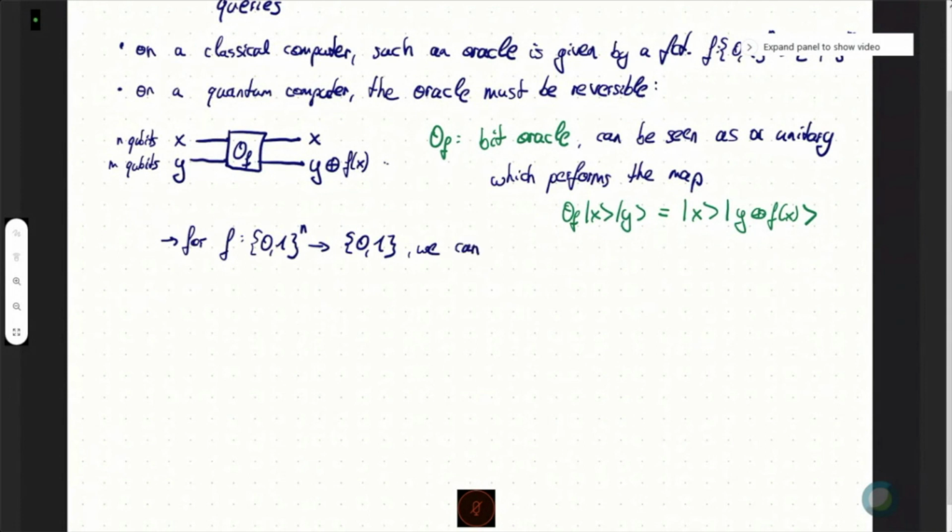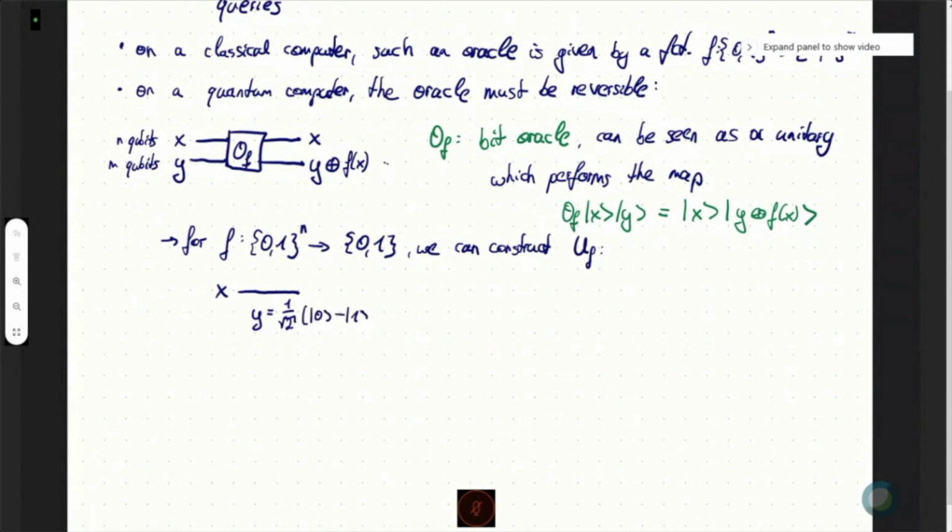If we have such a function, then we can not only construct our bit oracle, but we can use the bit oracle to construct what we will call the phase oracle, UF. So we have, again, x as input. And for the second input, y, I told you we can choose it to be in any state. In this case, since y is only one qubit, we choose it to be the minus state.